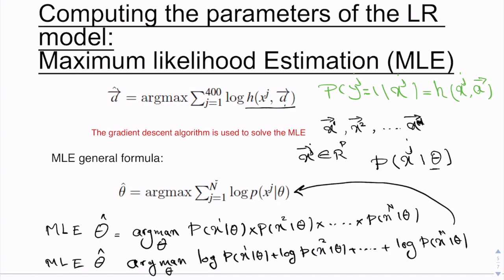We take the log of this probability and then find the value for a that maximizes it.